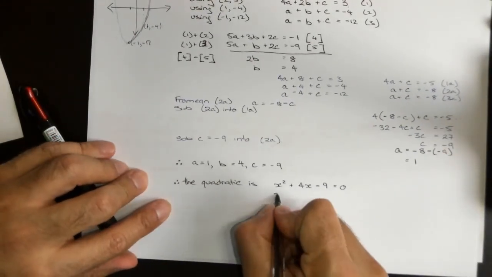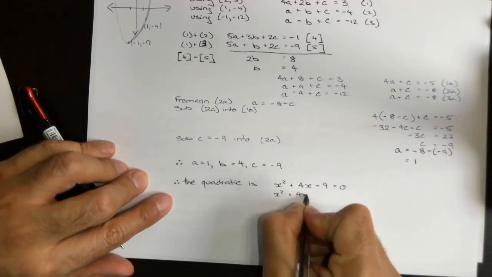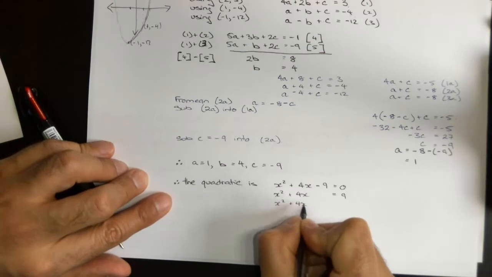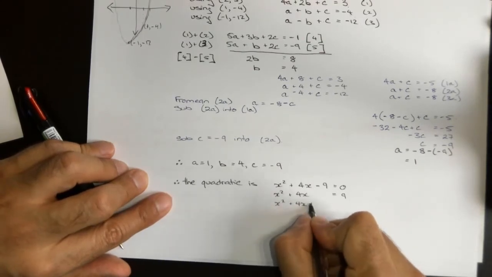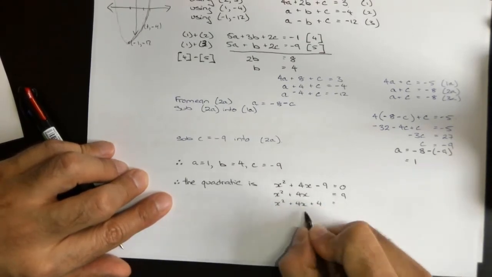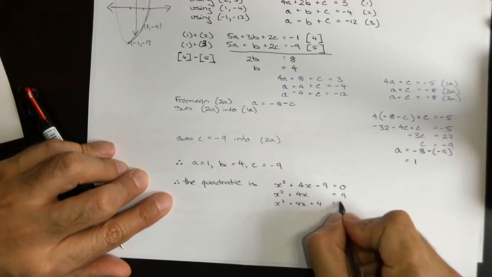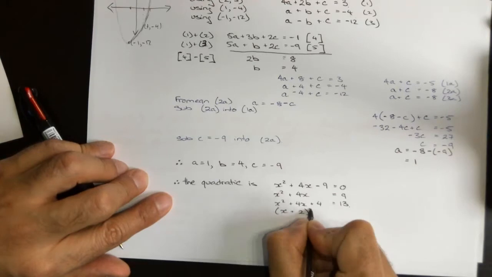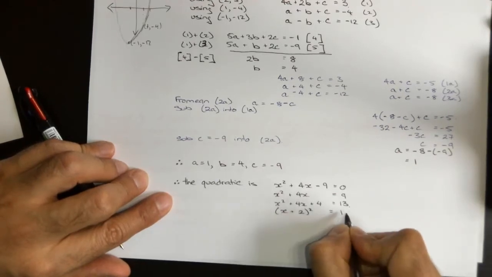So if I go x squared plus 4x equals 9, x squared plus 4x, half of 4 is 2 squared, that is 4. Whatever I do to one side, I do the other side. 9 plus 4 is 13. So this is x plus 2 squared equals 13.